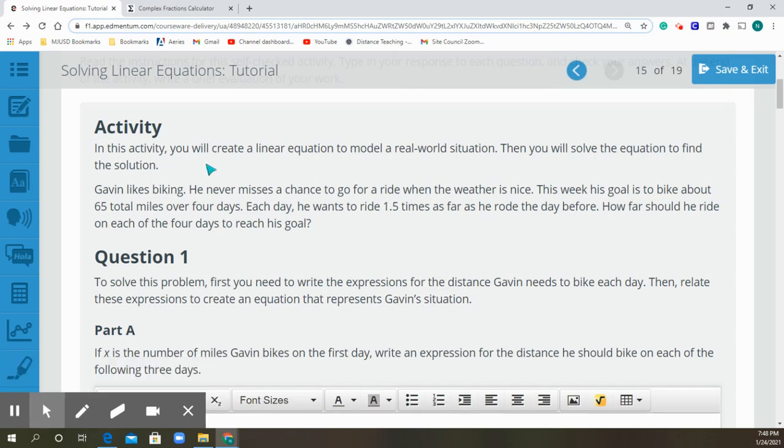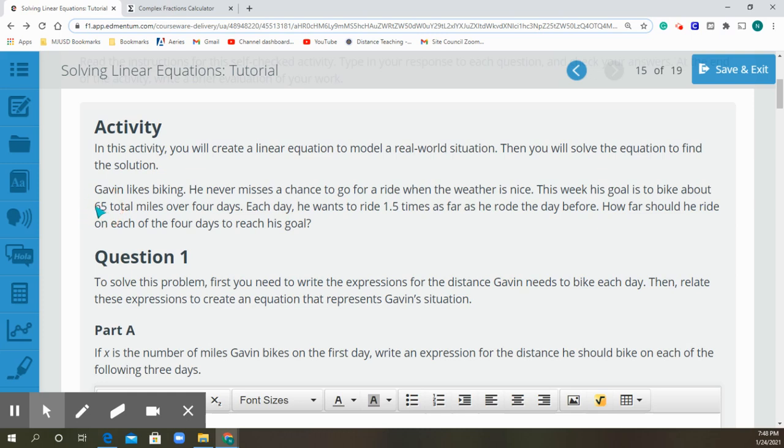In this activity, you will create a linear equation to model a real-world situation. Then you will solve the equation to find the solution. Gavin likes biking. He never misses a chance to go for a ride when the weather is nice. This week, his goal is to bike about 65 total miles over 4 days.